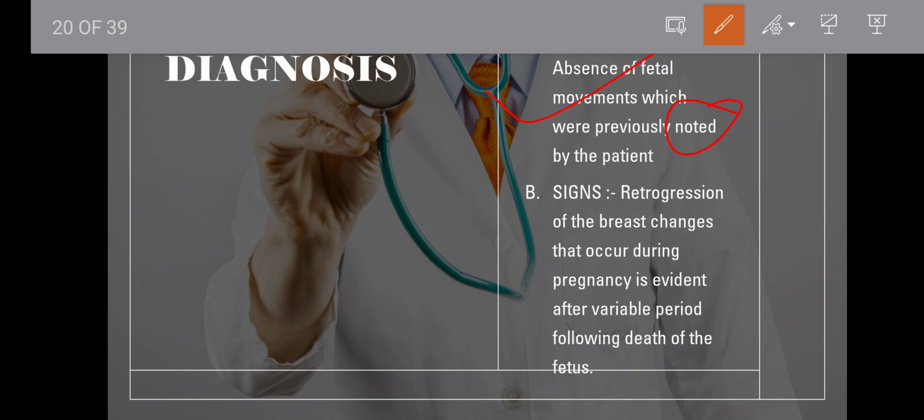Many patients come to OPD with decreased or absent fetal movements, but they do not actually have intrauterine fetal death. There are other causes of decreased fetal movements, like the sleeping phase of the baby, polyhydramnios, or breech presentation, in which decreased fetal movements are also perceived by the patient.